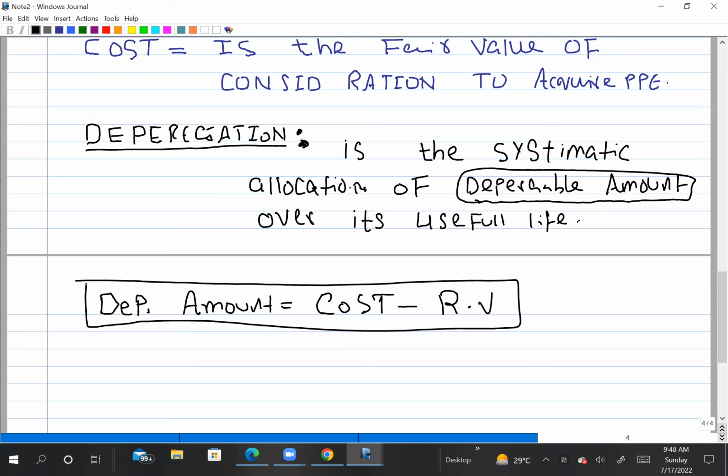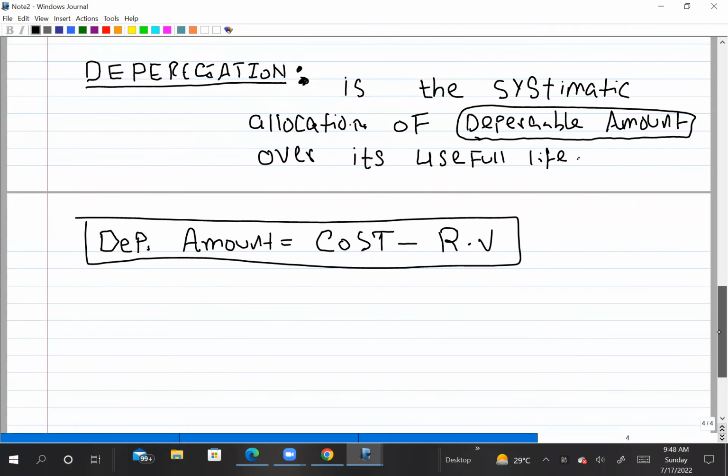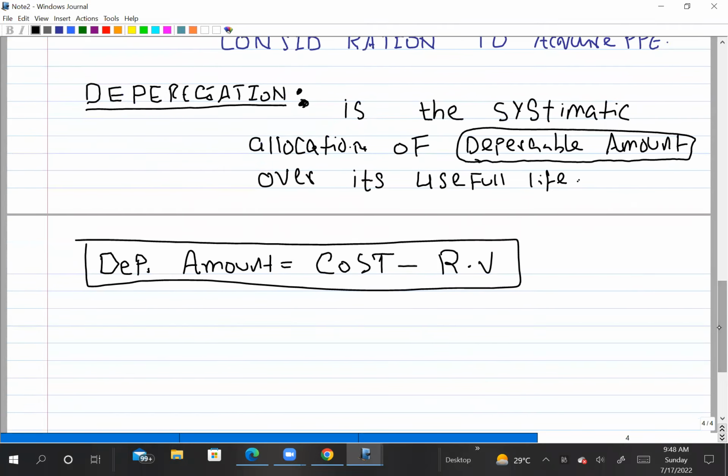And if we allocate this amount on a systematic basis over the useful life, the amount which we arrive at on an annual basis will be known as depreciation.